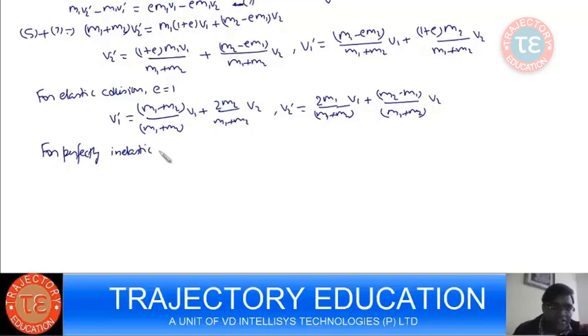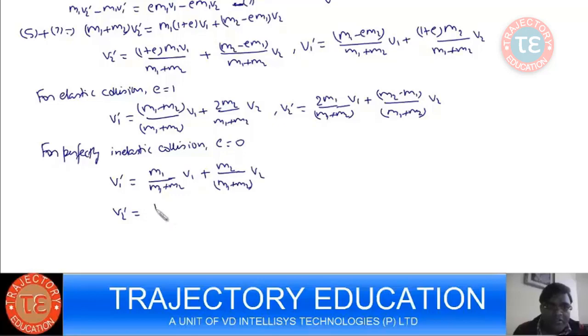And for perfectly inelastic collision, we know that v1' and v2' are equal, so that will check whether I got the right result or not. For inelastic collision e is 0, so that should give me v1' equals (m1 v1 plus m2 v2) over (m1 plus m2), and v2' will give me the same.